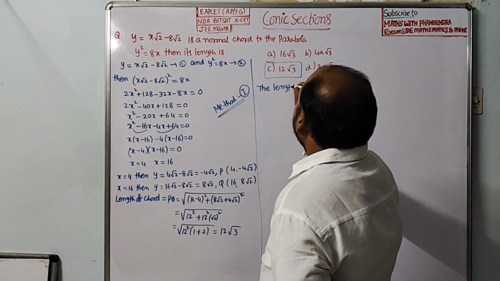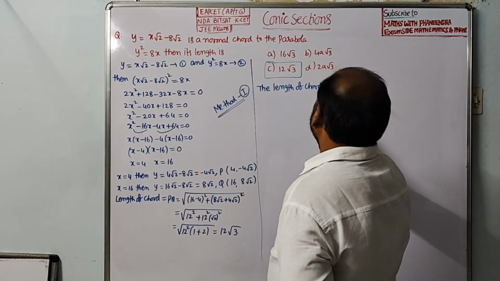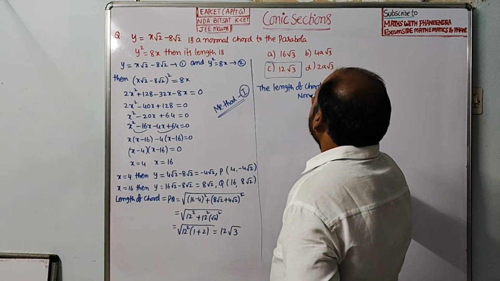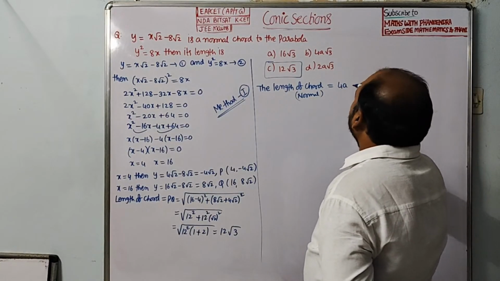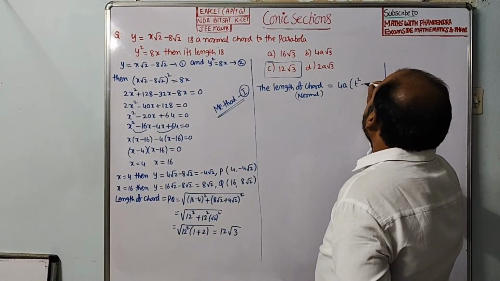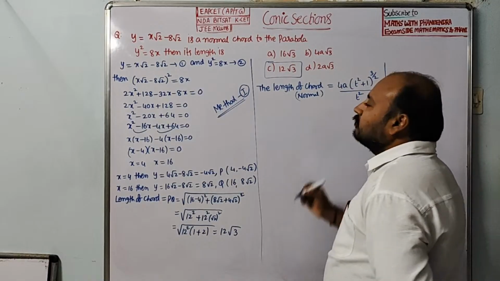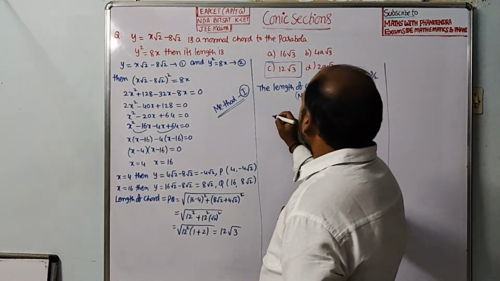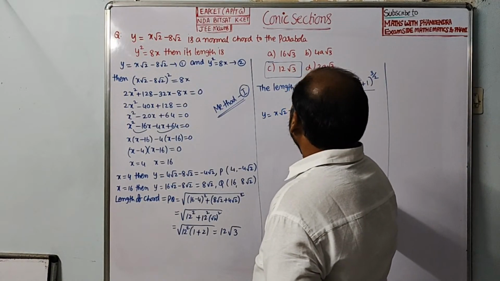The length of normal chord is equal to 4a into t square plus 1 whole power 3 by 2 divided by t square. So how does it come as t square? See, y is equal to x root 2 minus 8 root 2.